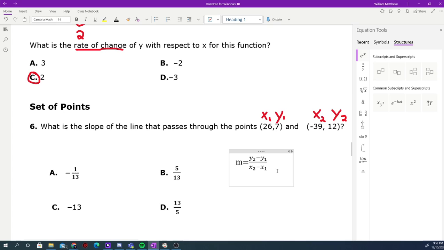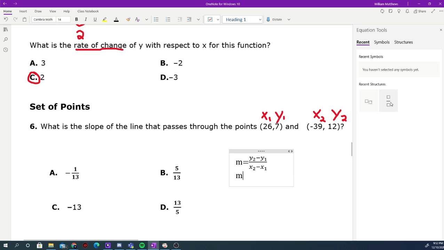To clean this up a little more by showing our values in the equation, we have the y2, like I said, was 12, minus my y1 of 7, over my negative 39, x2, minus 26, my x1.